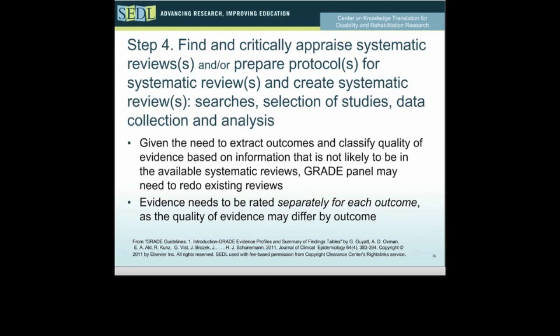So you may not be able to just take a systematic review, however well it was done, off the shelf and use it as input to recommendation development, but you may need to redo it.